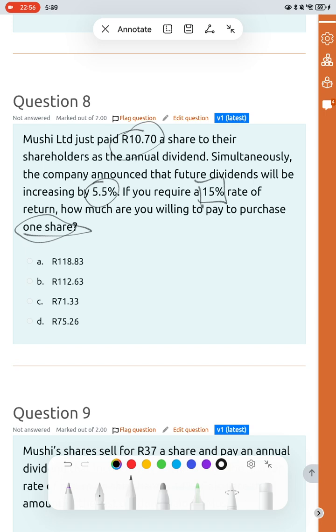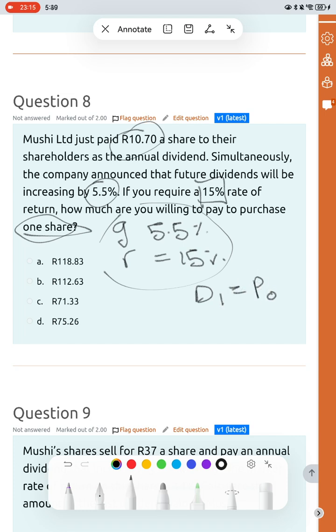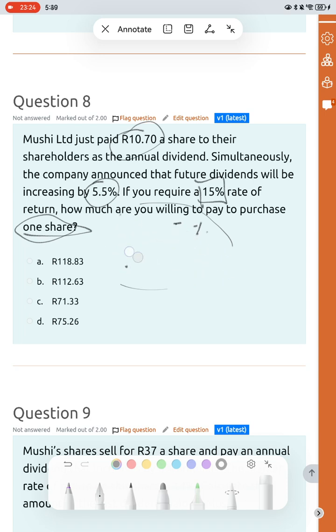So you're going to say your growth rate, your G is 5.5%. Your R is 15%. So this includes a formula. It's your dividend growth formula. So P0 is equal to D1 over R minus G. That's what you remember, right? Now we need to go and make the substitutions, right?